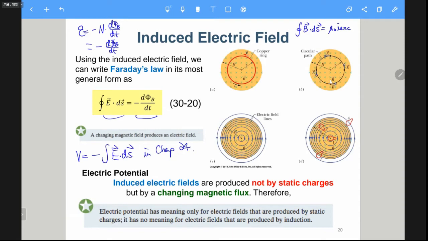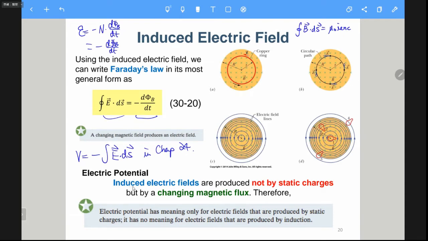If there is no changing magnetic field, then after going through a loop, it should be 0, because when a path goes back to the equal potential surface, the potential difference should be 0. But here it is not the case. If you go around the whole loop when the magnetic flux is changing, then this value is not 0. It is actually minus d phi B dt.